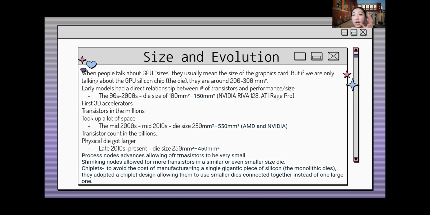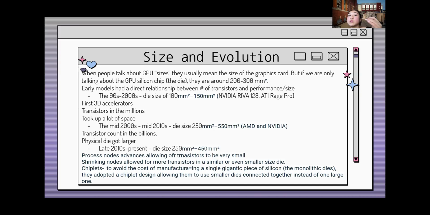And the big brands were NVIDIA, ATI. NVIDIA really is very prominent here. So it was basically the first 3D accelerator. The number of transistors were in the millions, and it took up a lot of space in the computer model.